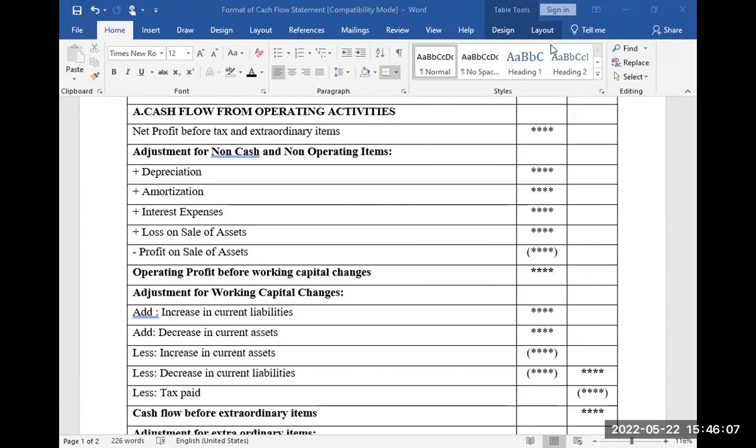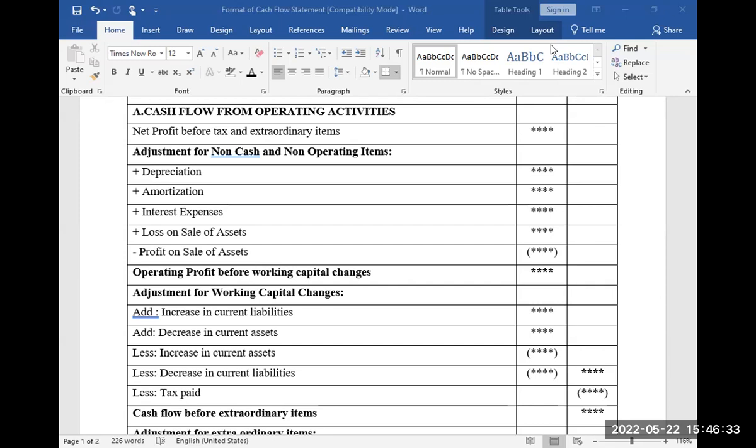If current asset is decreasing, what does it mean? Take an example, debtor. Last year it was 4 lakh, current year it is only 1 lakh. What does it mean? 4 was arrear, now only 1 is left, so the rest was collected.